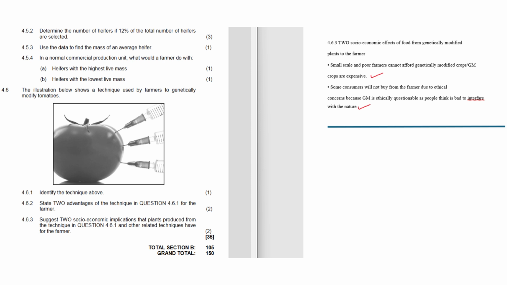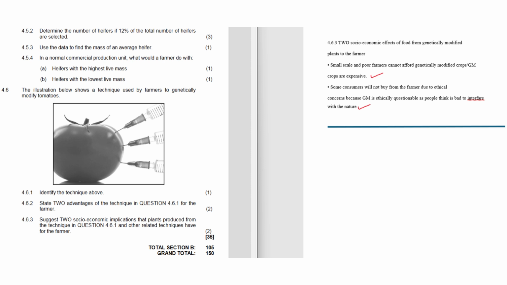B: It is ethically questionable, as people think it is bad to interfere with nature, and some customers will not buy from the farmer due to ethical concerns. This is a social effect.